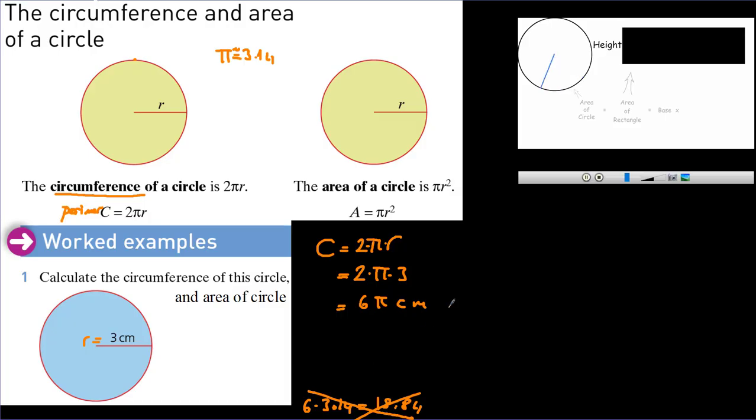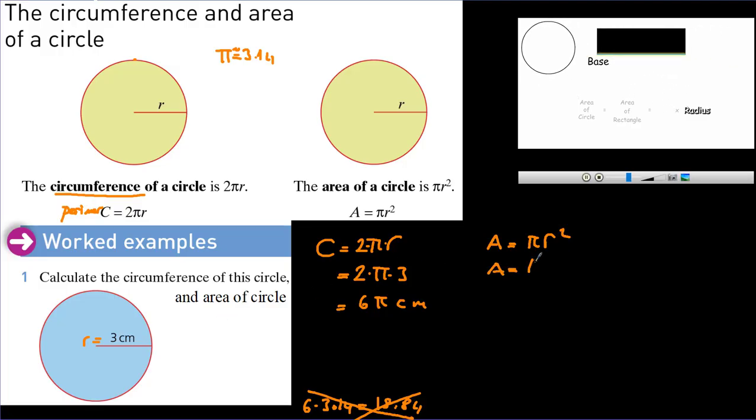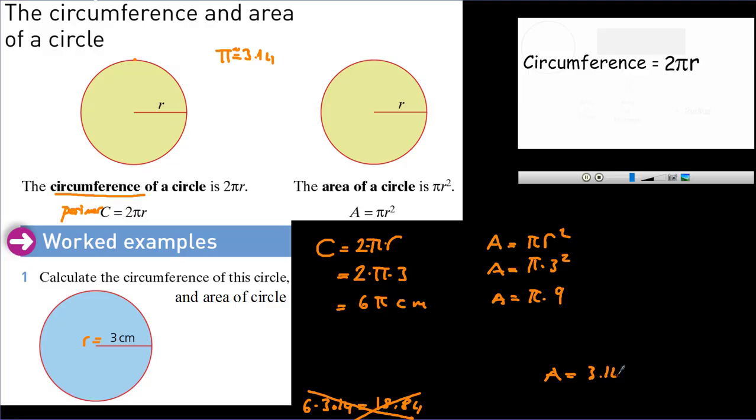It's going to be similar for the area also. Area is equal to pi r square. Area is equal to pi times 3 square. Area is equal to pi times 9. And again I'm repeating, area should be equal to 3.14 times 9, but we are not going to do the operation like that.